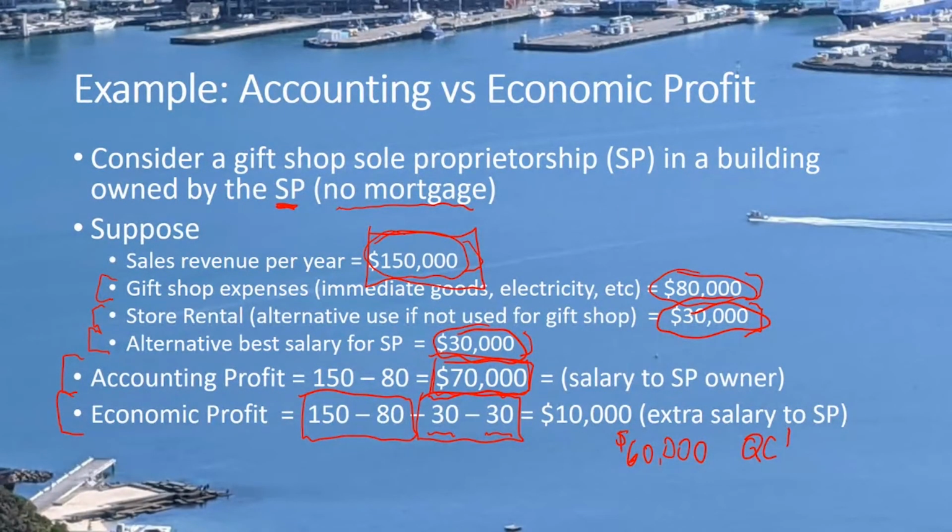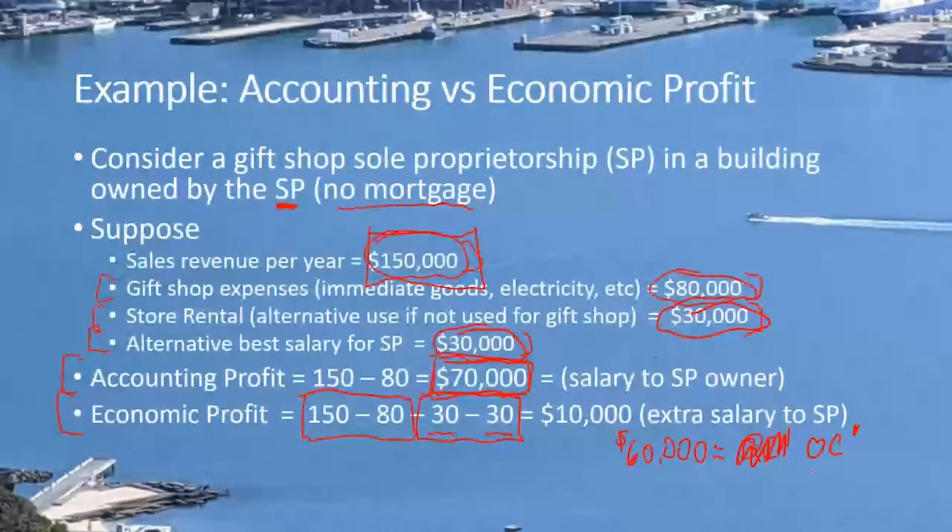A cost is something, in this case, something that's foregone. You're not able to work in this alternative job, and you're not able to rent your store out, so you're giving up that $30,000. And that's why we're subtracting it off. But that $60,000 is going to be the measurement of OC1, the opportunity cost measured in the first way.